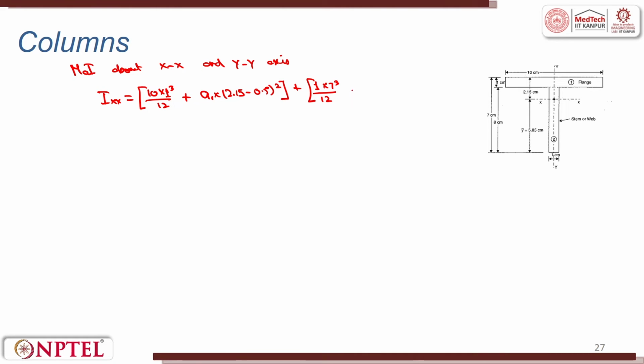We are talking about a rectangular section here. Plus A2 into (5.85 minus 3.5) whole square.